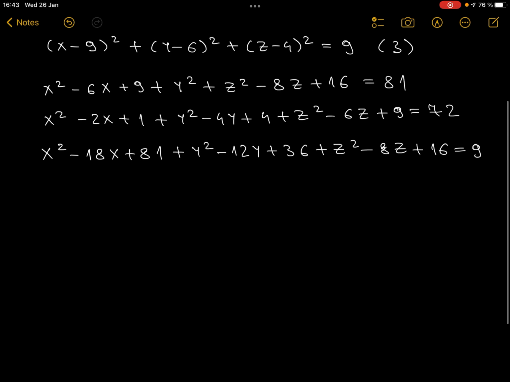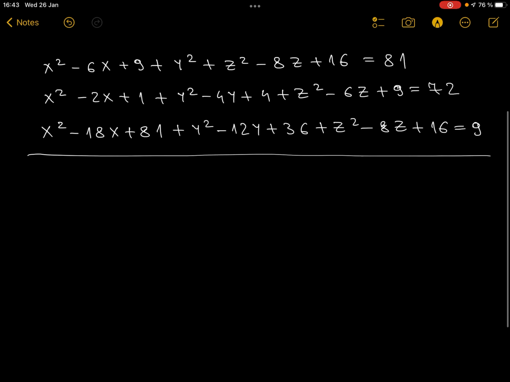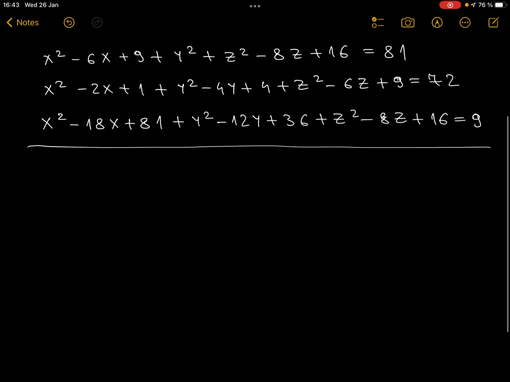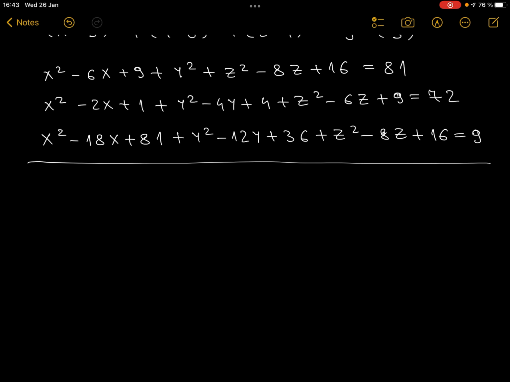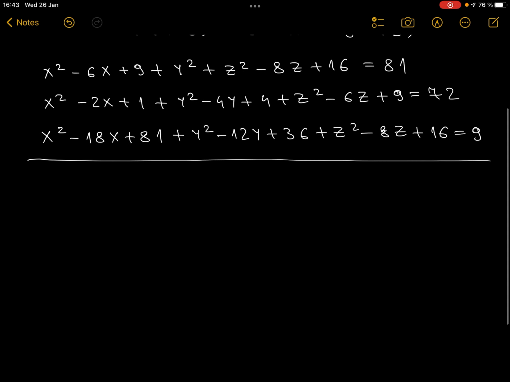Okay, underline it. Then I'm going to further rewrite this in a somewhat simpler form. So x squared, this is the first equation. This is this one rewritten.